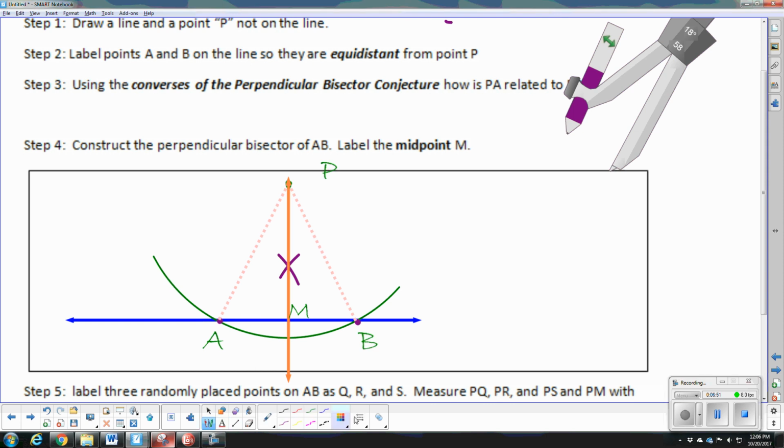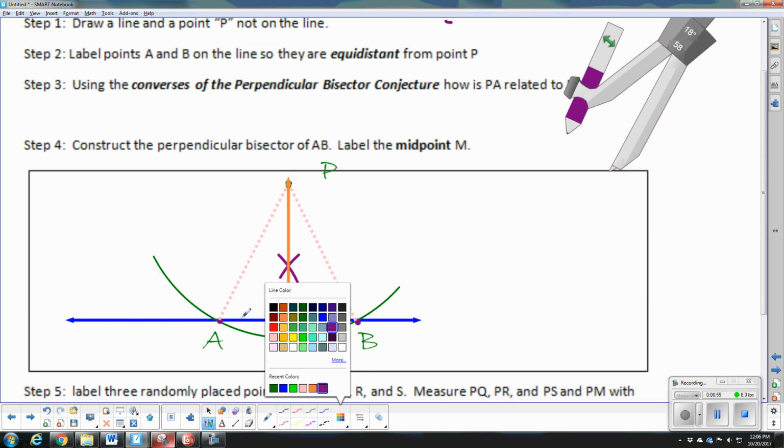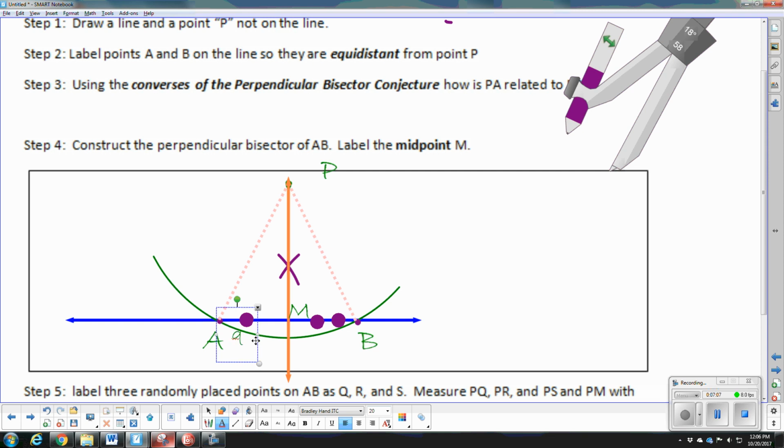We'll call this point Q, we'll call this point R, and we'll call this point S. So Q, R, and S.